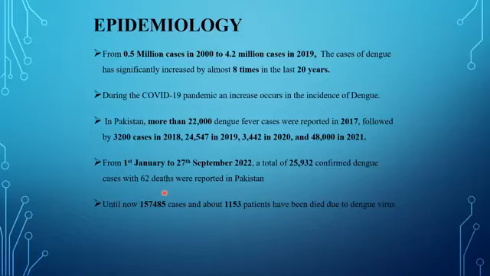The first case of dengue was reported in Pakistan during 1882. After that, different pandemics occurred in different years, for example in 1994, 95, then 1998, and after that 2003, 2005, 2006, and then 2007, 8, 9, 11.